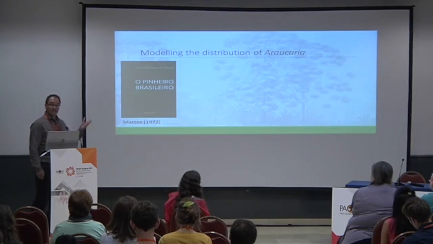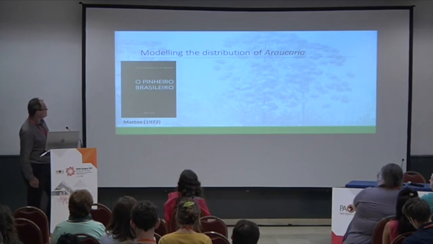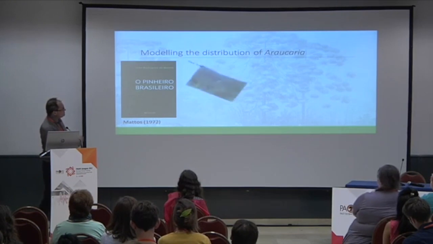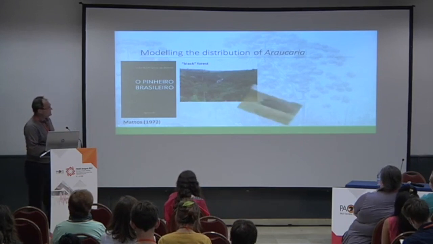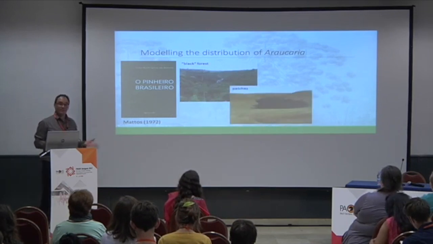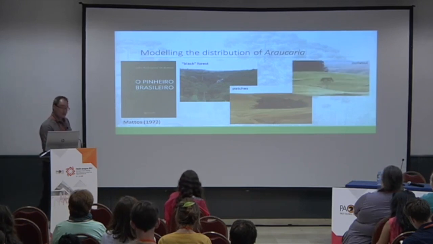Anyway, looking at the topic of this symposium and trying to model the distribution of Araucaria, we are pretty much based on the seminal work of Brazilian biologist João Rodrigues de Matos, who classified the forest in black forest, the forest that is very close to streams, Araucaria forests that appear in patches within campos, within grasslands, and some isolated trees.